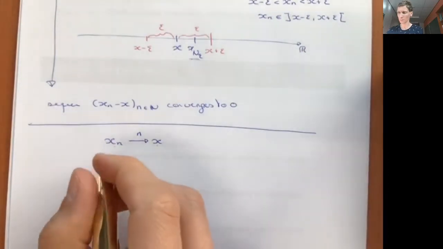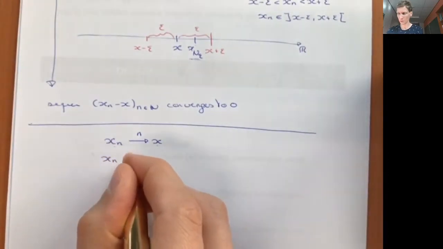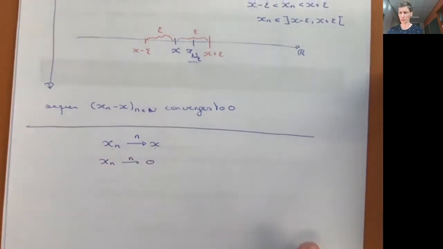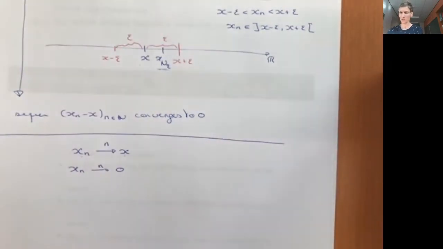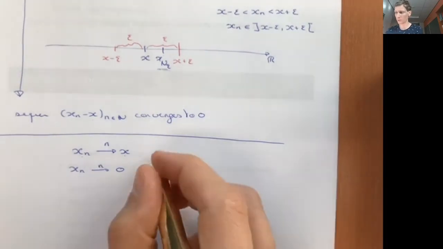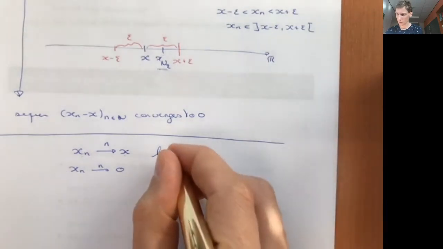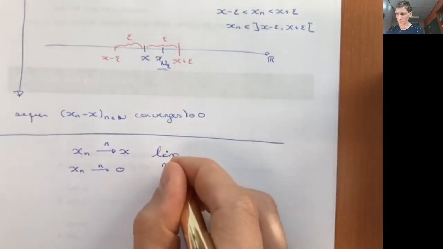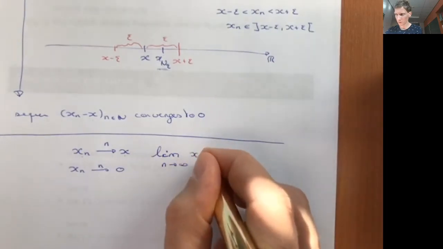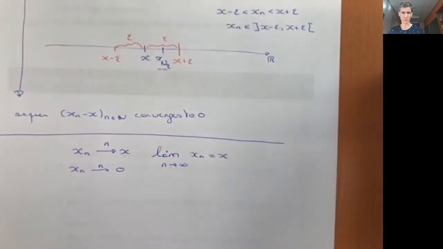Okay, so if xn converges to 0, we write this as this. Sometimes in handbooks, and maybe I will use it here and there in the notes to make my life more convenient, you can also write down that the limit for n going to infinity of xn is equal to x.